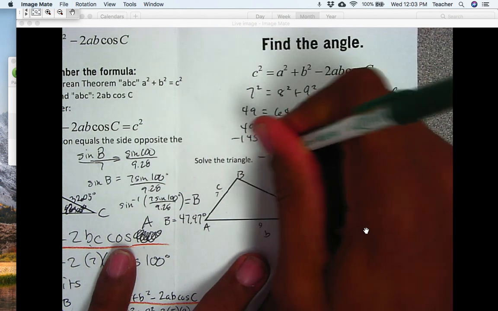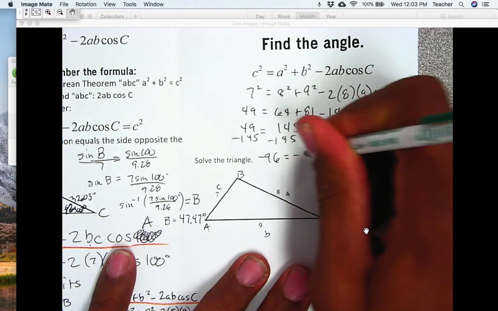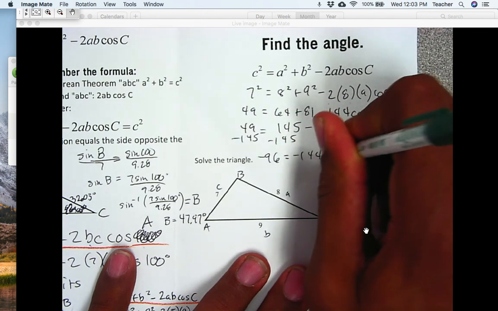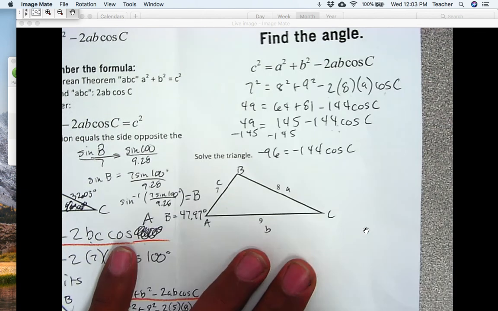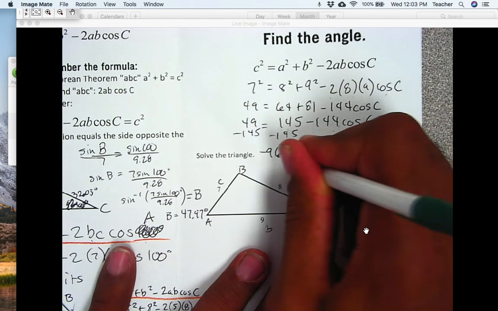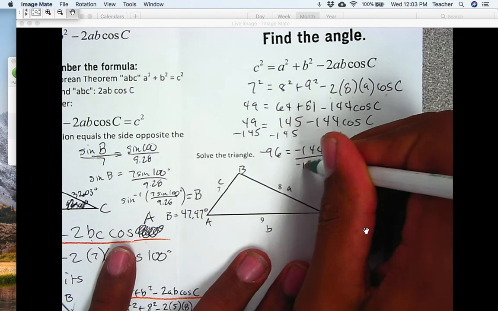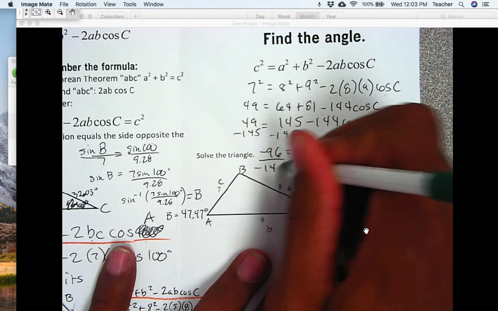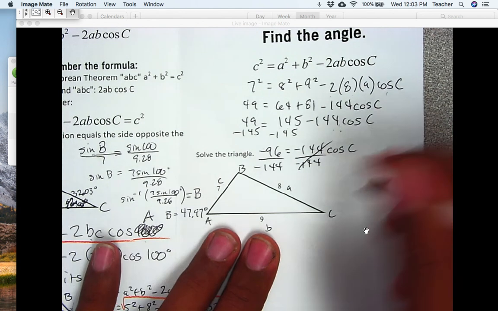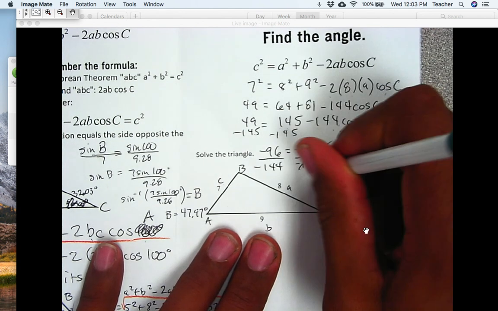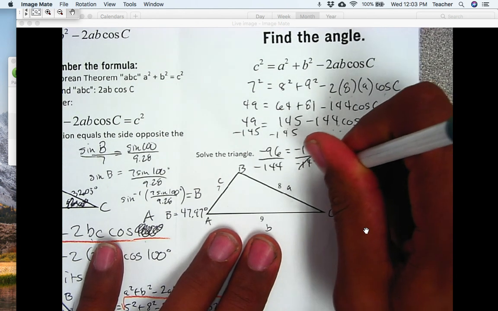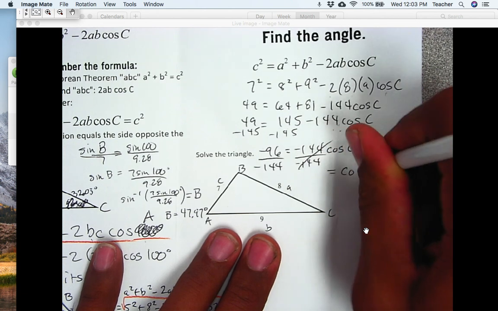So I get minus 96 equal to negative 144 cosine of c. Now what I've got to do is divide this negative 144 from here, and that becomes positive. So now this is all equal to cosine of c.